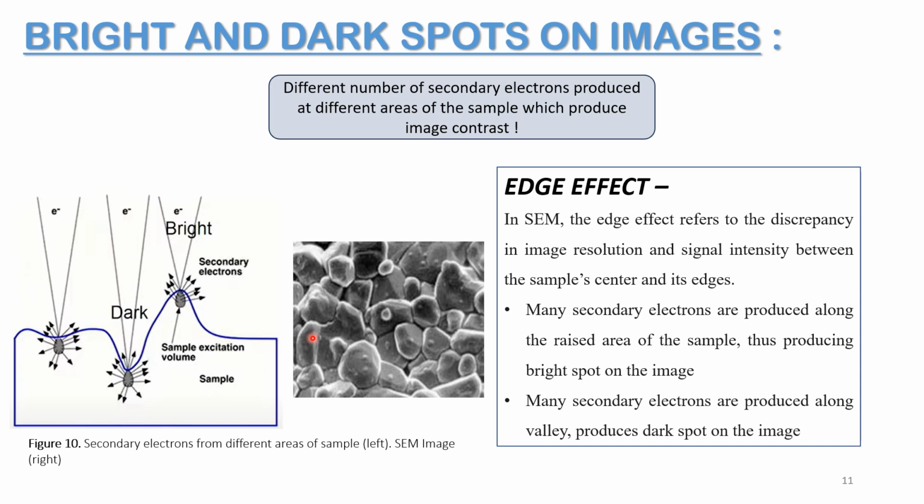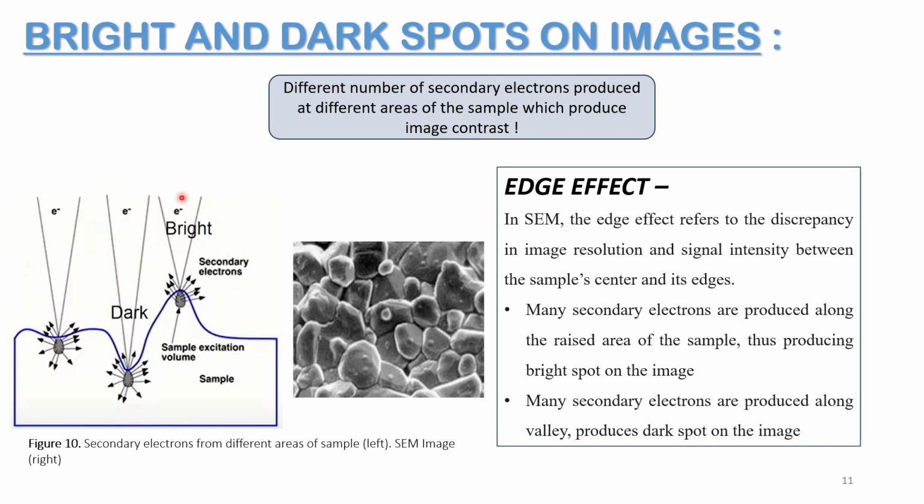Let's come to the SEM images. As can be seen from this image, which is an example of an SEM image, so many dark and bright spots are present, which arise due to the different number of secondary electrons being ejected from different areas of the sample when the electron beam falls onto the sample.